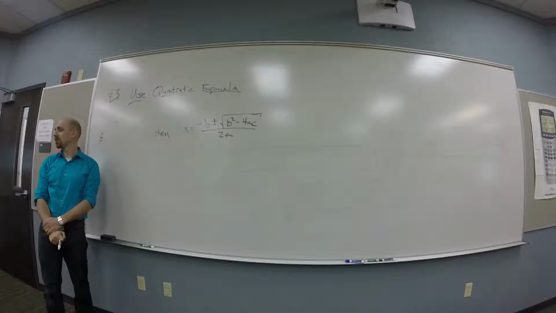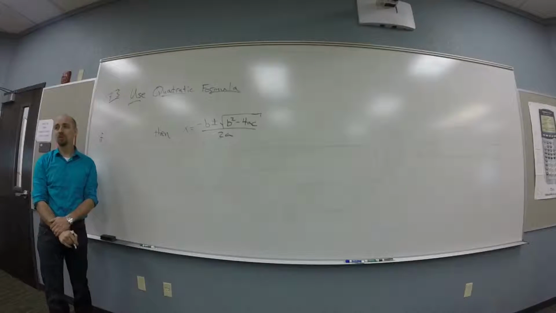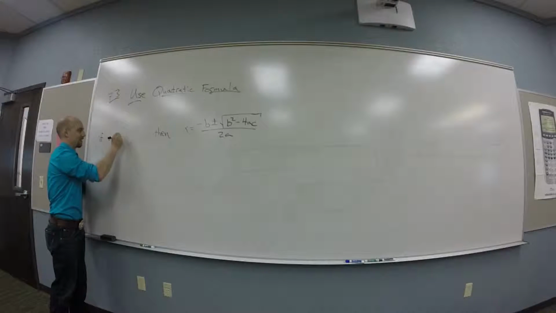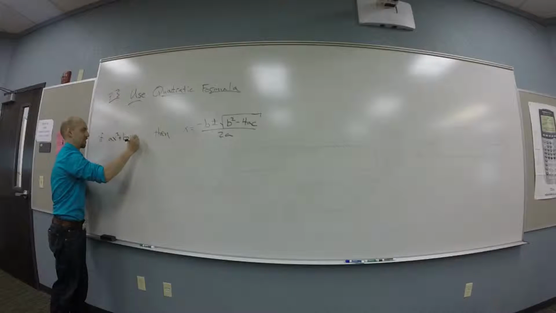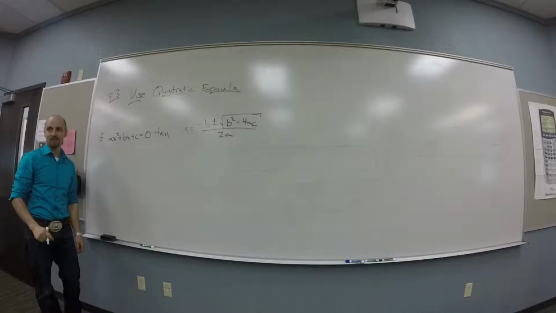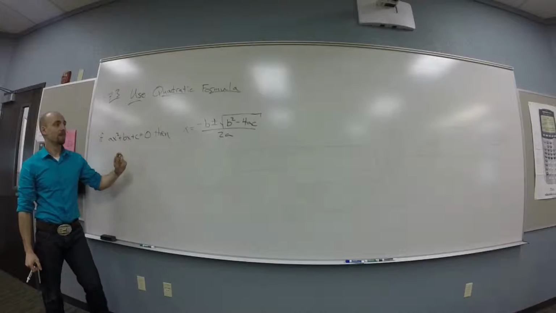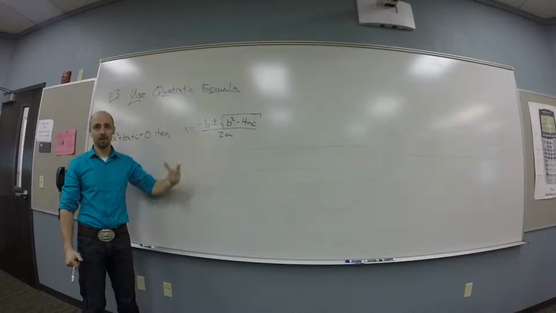You can use this on any quadratic equation. So what's a quadratic equation look like? How about like this? So if you have something in this form, then you can apply this idea to it.